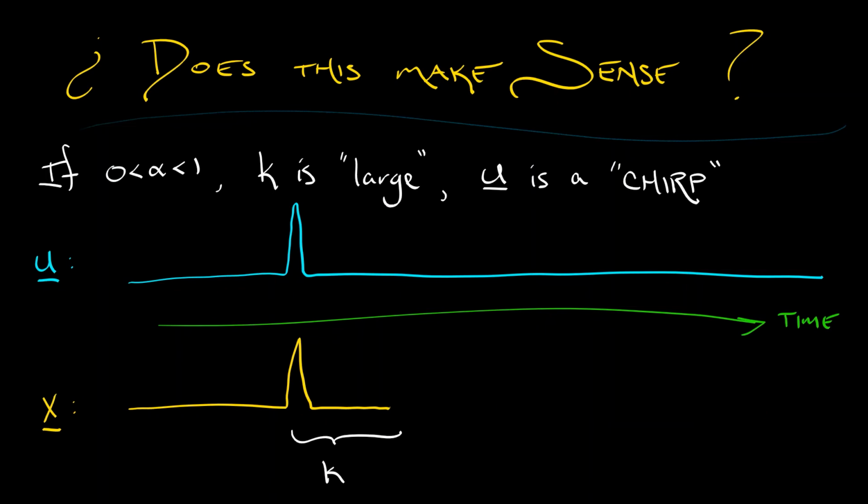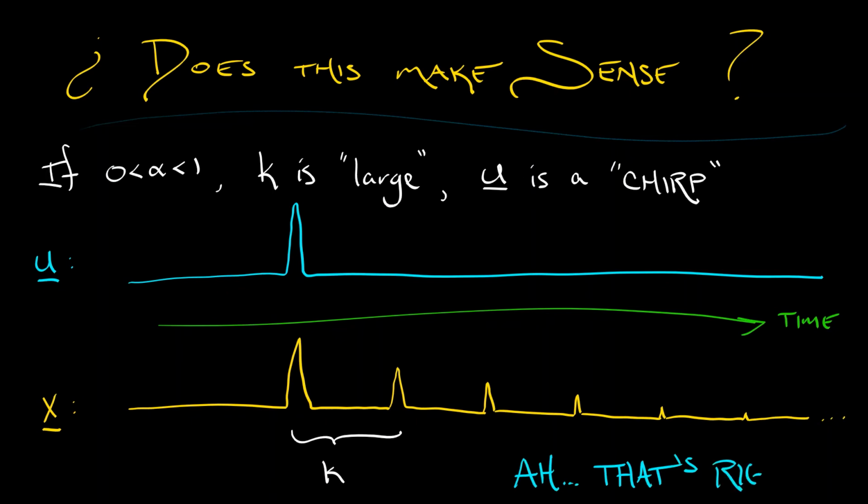And since alpha is less than 1, then you're getting a smaller version of that signal from k time steps ago. And then you go back to 0, and then after another period, you get a smaller version of that initial bump. And this just keeps going and going and going. And that's just like an echo. This is exactly what that recurrence relation is doing.